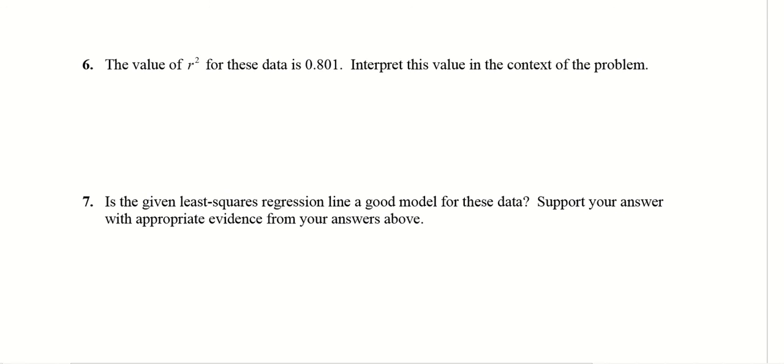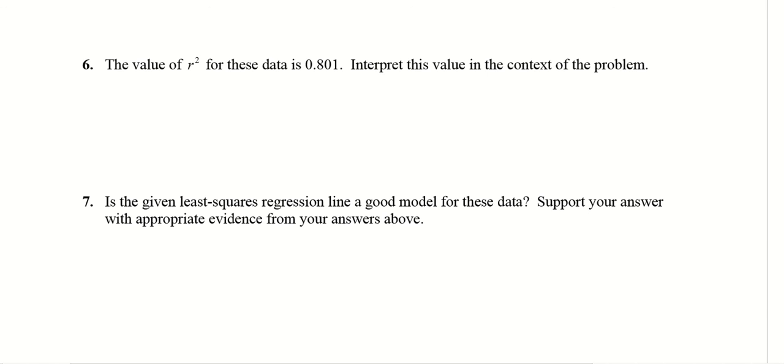That is the coefficient of determination. I want to make sure that you understand that that 0.801 on an r squared is actually a percentage, which means 80.1% of the variation in something can be explained by something. So use context there. Refer to your notes on that.